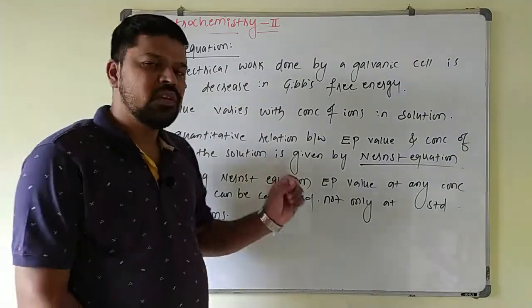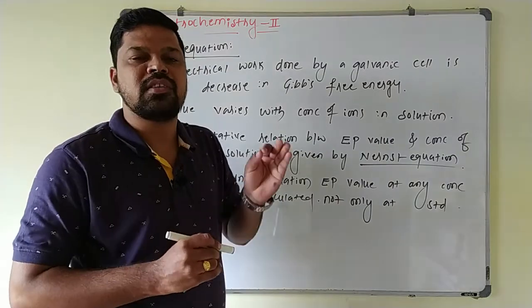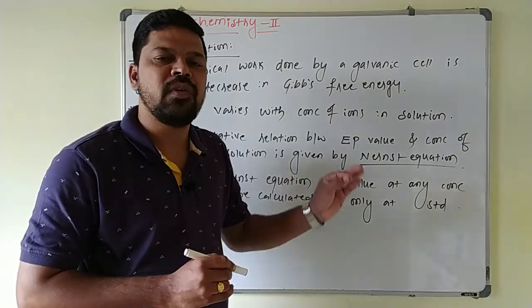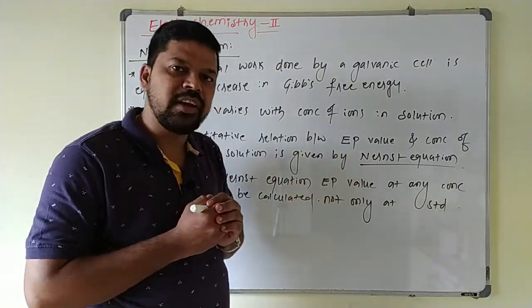So this Nernst equation is about the calculation of electrode potential value at any concentration of electrolytic solution.